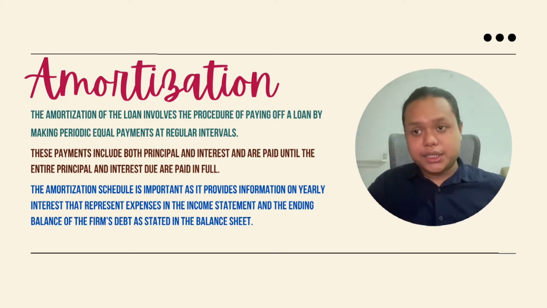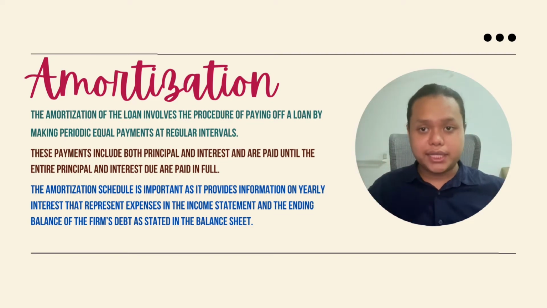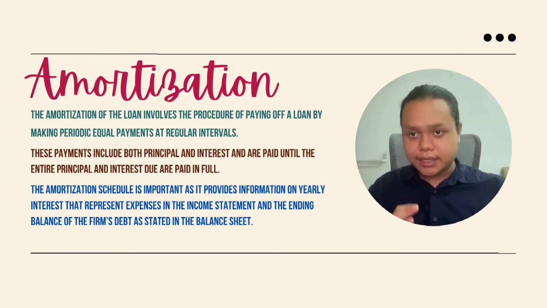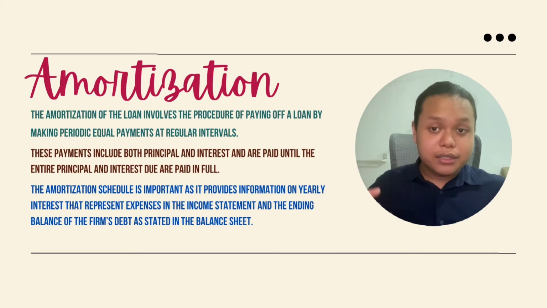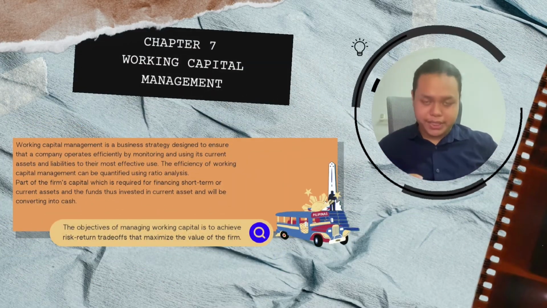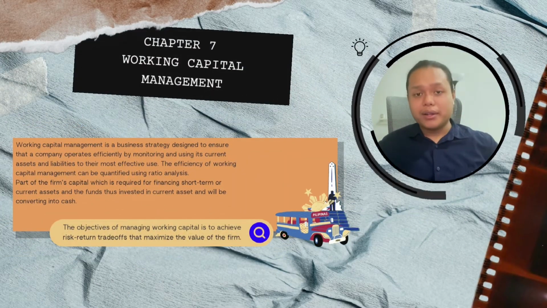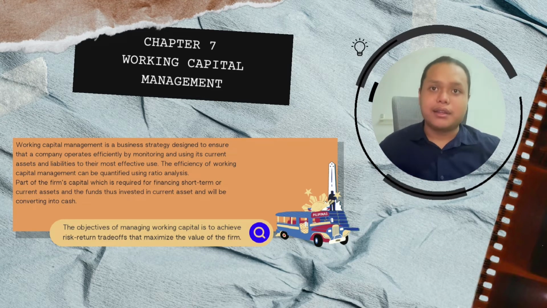The amortization schedule is important as it provides information on yearly interest that represents expenses in the income statement and the ending balance of the firm's debt as stated in the balance sheet. That's the end of Chapter 6, and now we move on to Chapter 7, working capital management.